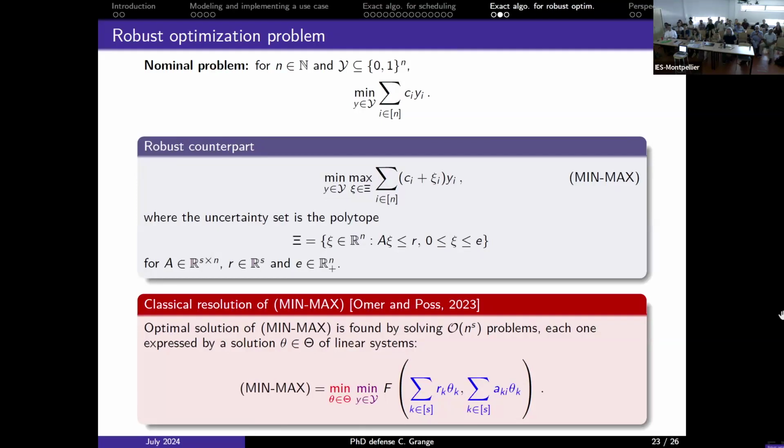So in other words, solving the initial problem amounts to solving, over all linear systems, a new optimization problem where the objective function depends on the scalar product of the solution theta of a linear system and other elements that describe the polytope.